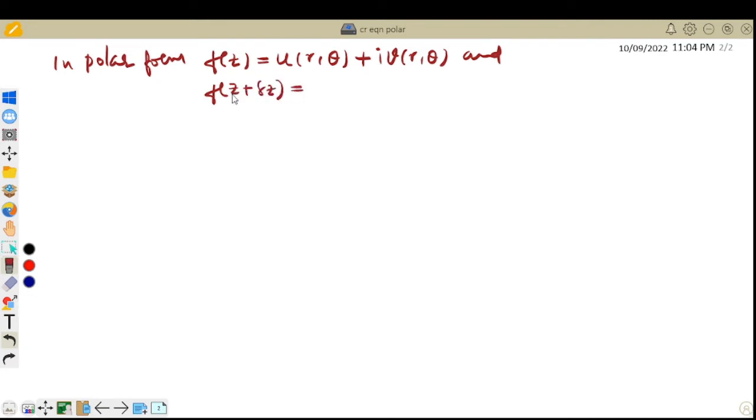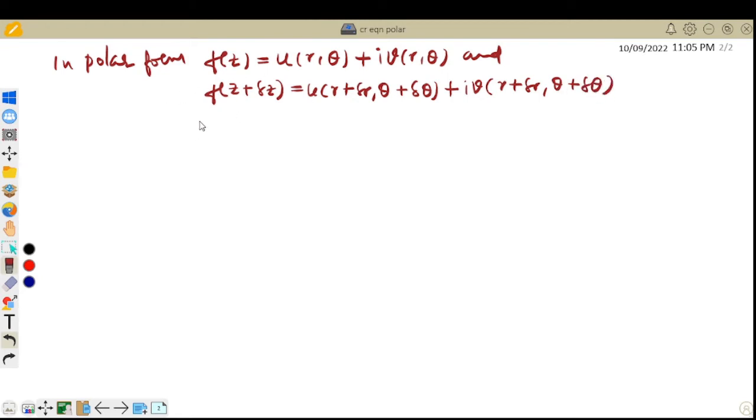So we have given an increment to z, z becomes z plus delta z. Correspondingly, r becomes r plus delta r, theta becomes theta plus delta theta: u(r plus delta r, theta plus delta theta) plus i v(r plus delta r, theta plus delta theta).